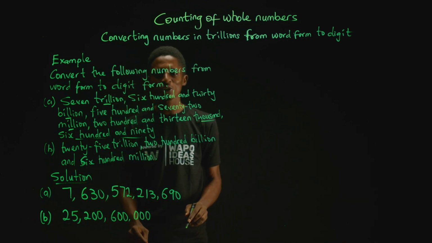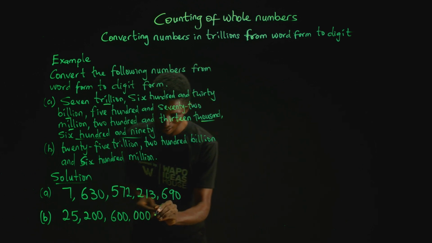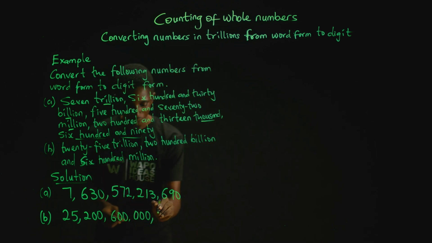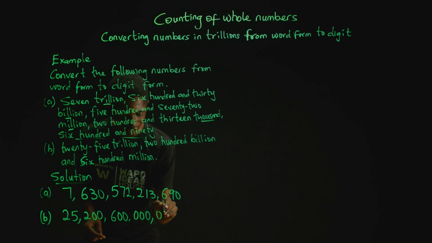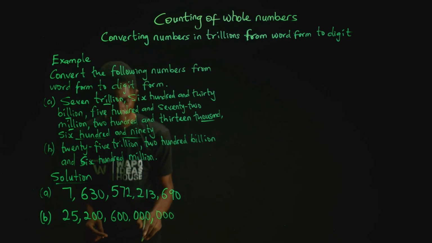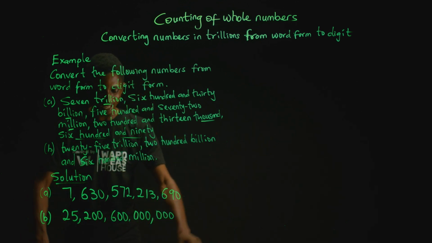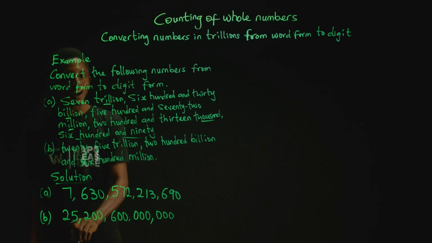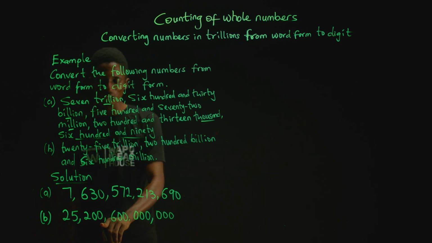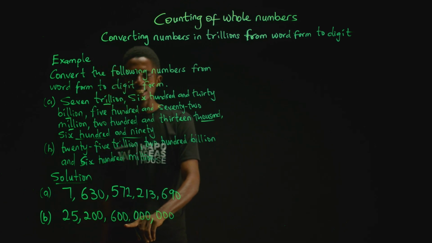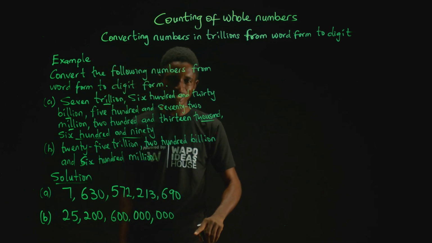Then after thousands, we have the ones, which is the final category, and we write that as 0, 0, 0. Beautiful. So this number is 25 trillion, 200 billion, and 600 million.